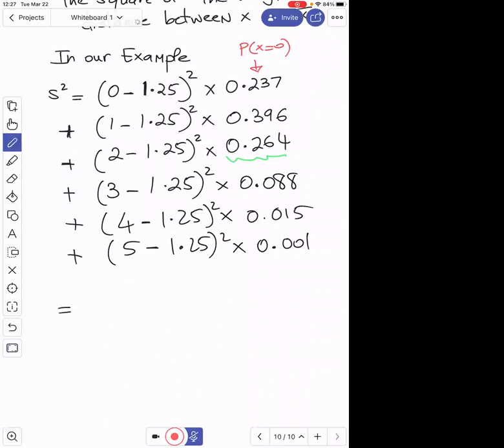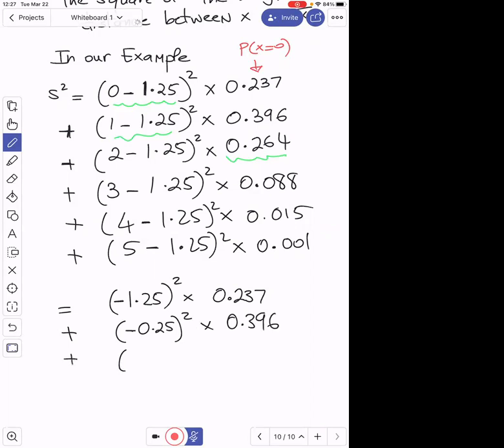First, guys, you need to do the subtraction, right? So here 0 minus 1.25 is negative 1.25, and then there is a square times 0.237, plus the next subtraction, 1 minus 1.25, that's negative 0.25, and then a square times 0.396.